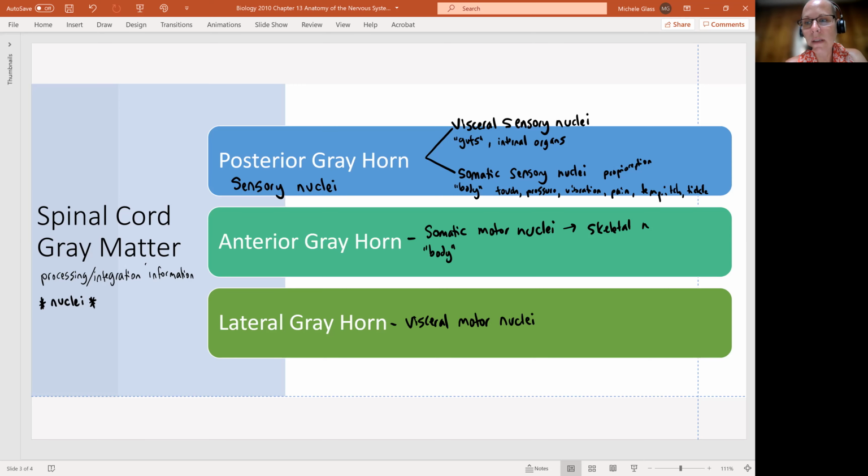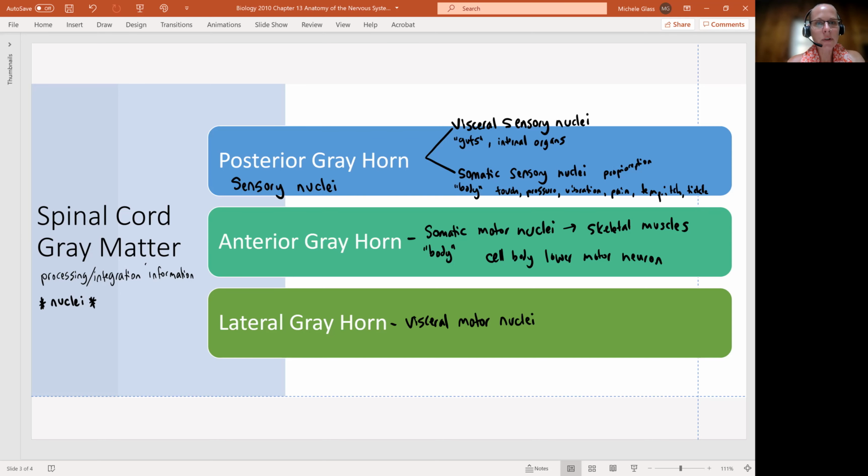These are the movements of our body, right? This is actually going to be where the cell body, or the soma, of the lower motor neuron will be located. So we read about the lower motor neuron as part of our chapter 12 study. And so we're going to talk about it again in the future.